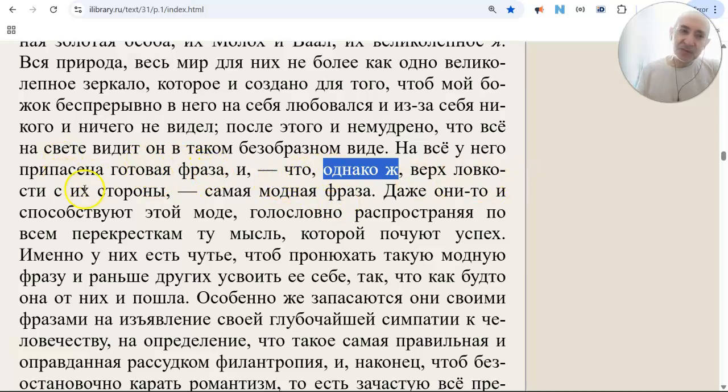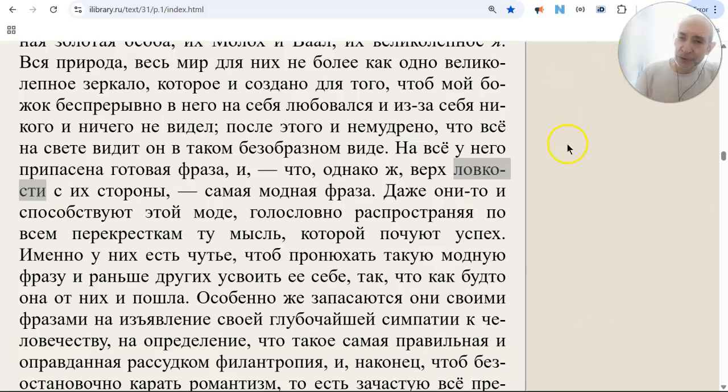And что однако ж верх ловкости, it's peculiar to note, that is верх ловкости means the top, верх means top. Ловкость in this case means cunning. So ловкость usually by itself would mean dexterity. But in this case, it means the top of cunning. С их стороны, on their part. Самая модная фраза. So модный means fashionable. So the most fashionable phrase.